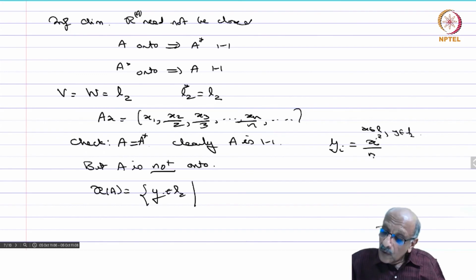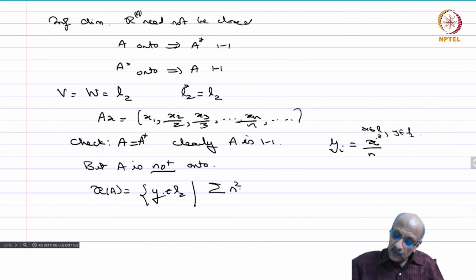So you have xi is n times yi, so the sum of n square yi square should also be finite. So this is a very stringent requirement. So this is the range of A, so this is not an onto map. Okay, and then you can also check that the range is not a closed set. So with this we complete this chapter, and we will do some exercises next.